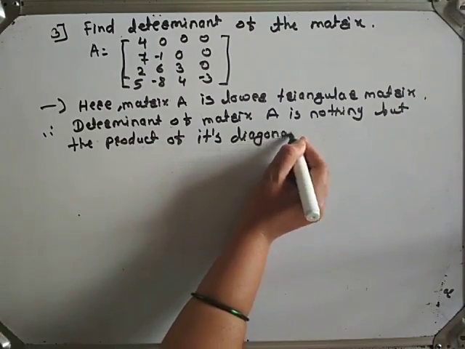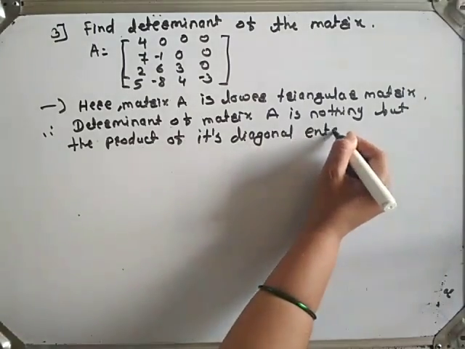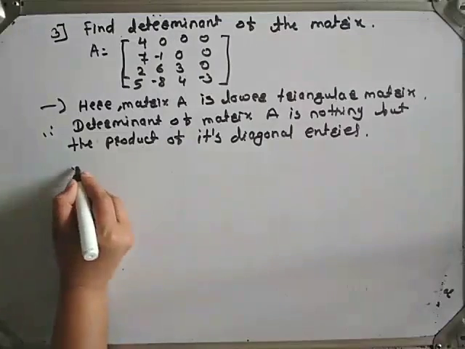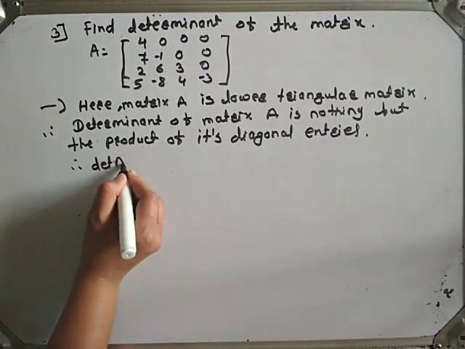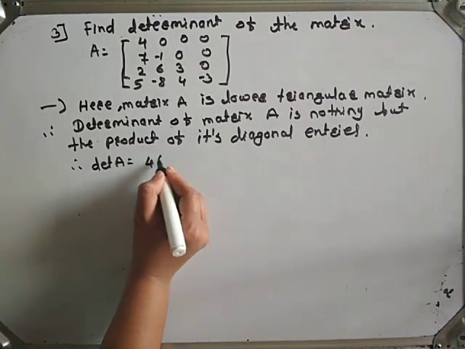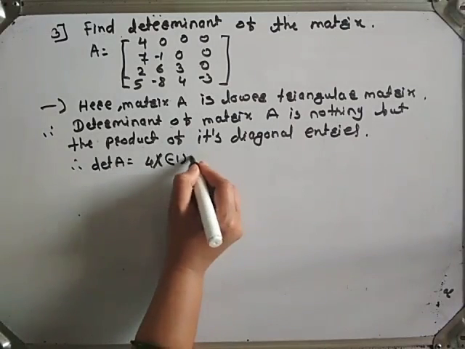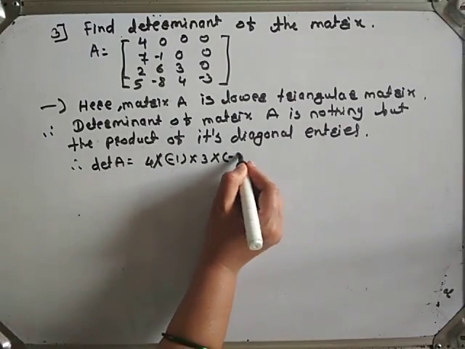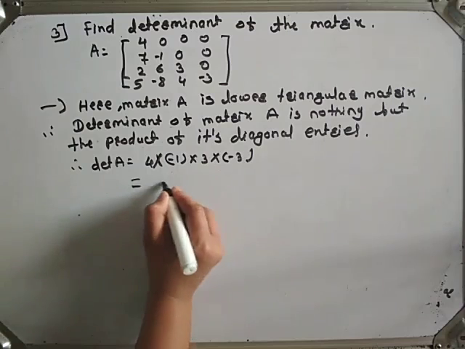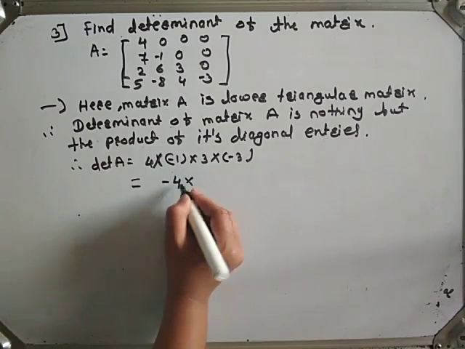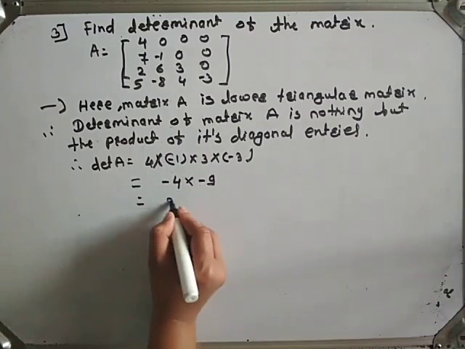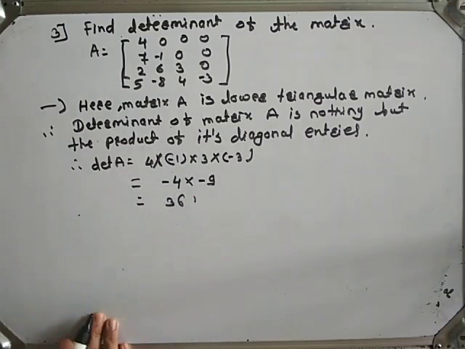Therefore, determinant of A is equal to 4 into minus 1 into 3 into minus 3. This is equal to minus 4 into minus 9, which is equal to plus 36. Therefore, determinant of A is equal to 36.